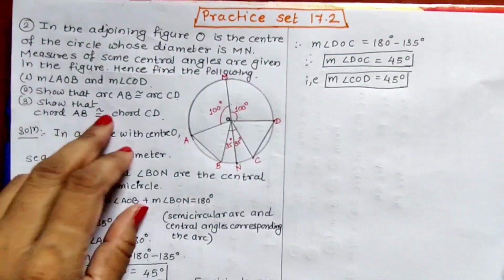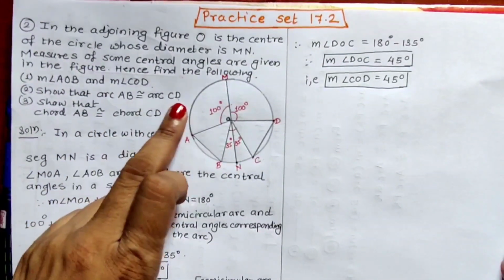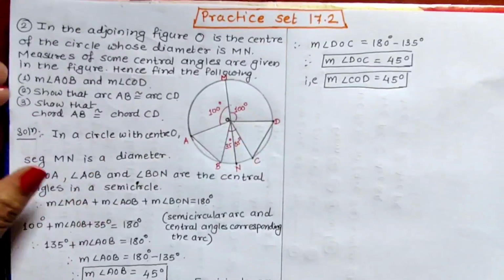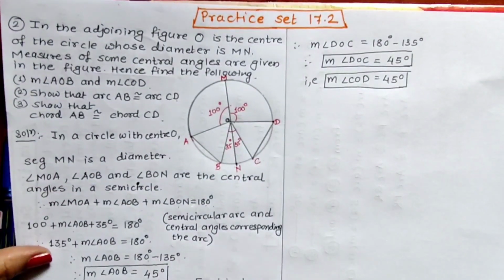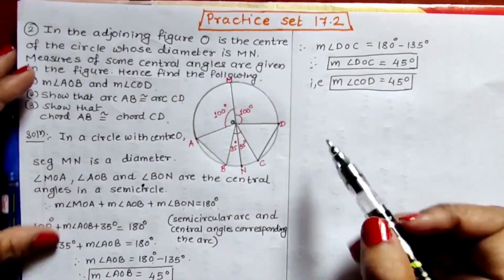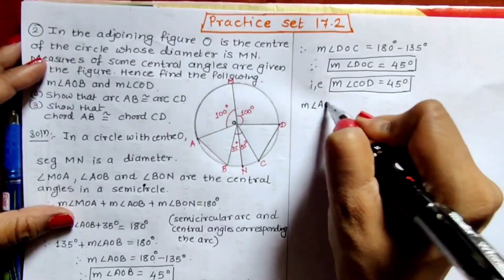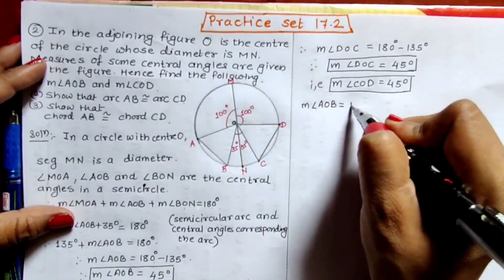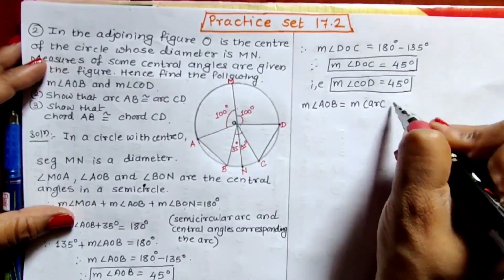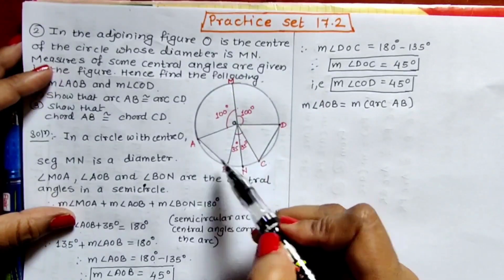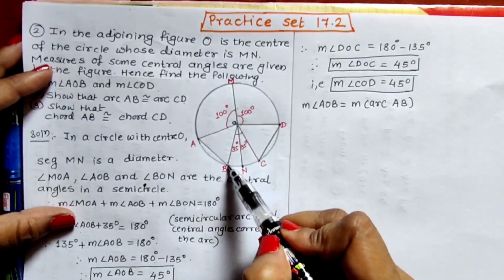Now let us show that arc AB is congruent with arc CD. AB and CD are corresponding arcs of angle AOB and angle COD. So major angle AOB will be equal to measure of arc AB. AOB is the central angle and its corresponding arc is AB.